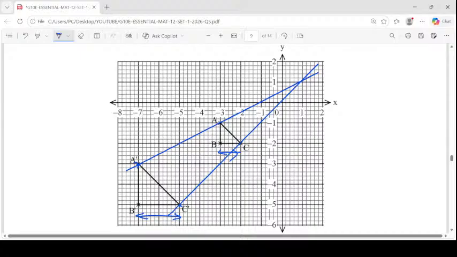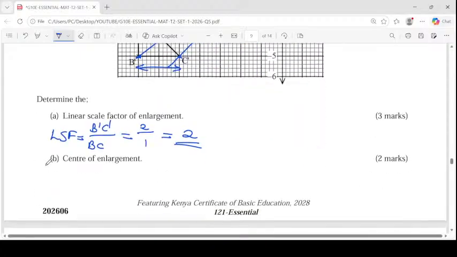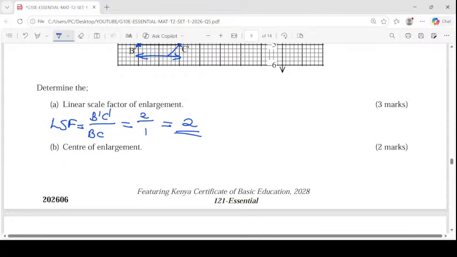You can even join B to B prime, then extend. The point where the lines meet becomes the center of enlargement. You can see my lines are meeting at the point 1, 1. So the center of enlargement is 1, 1.